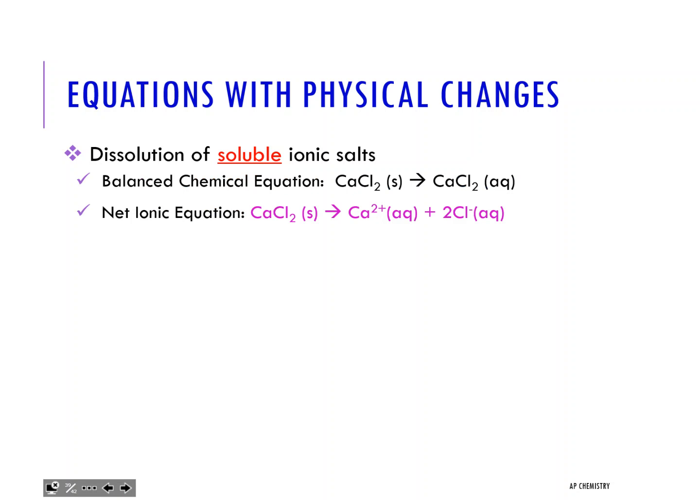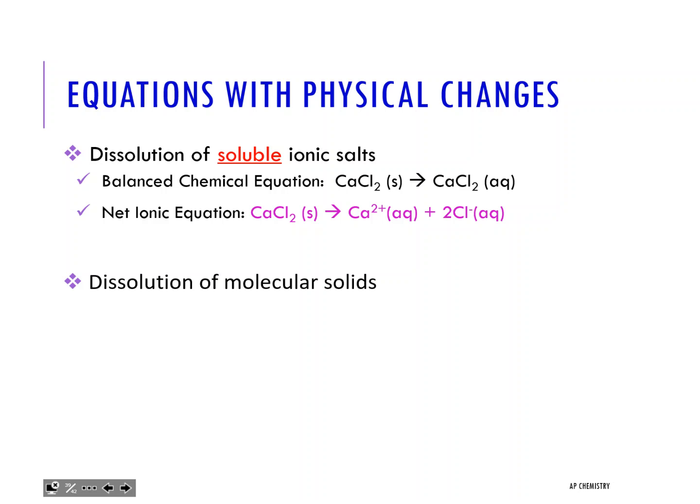But if we want the net ionic, we actually have to separate the AQ. Anything that's soluble, this would be showing the dissolution process where it's dissolving in water. You have to break the AQ up into its ions just like you would in any complete ionic or net ionic equation. So that would be for doing soluble ionic salts, dissolution.